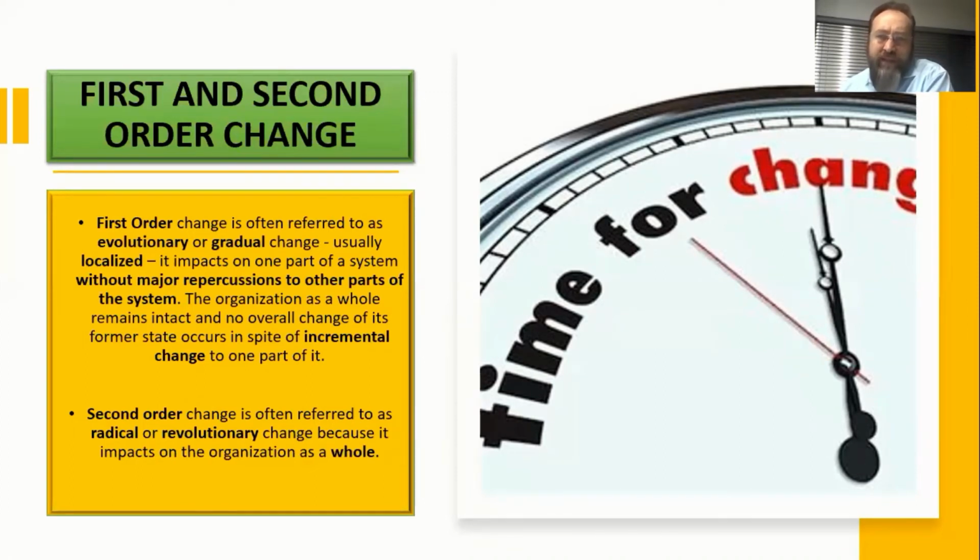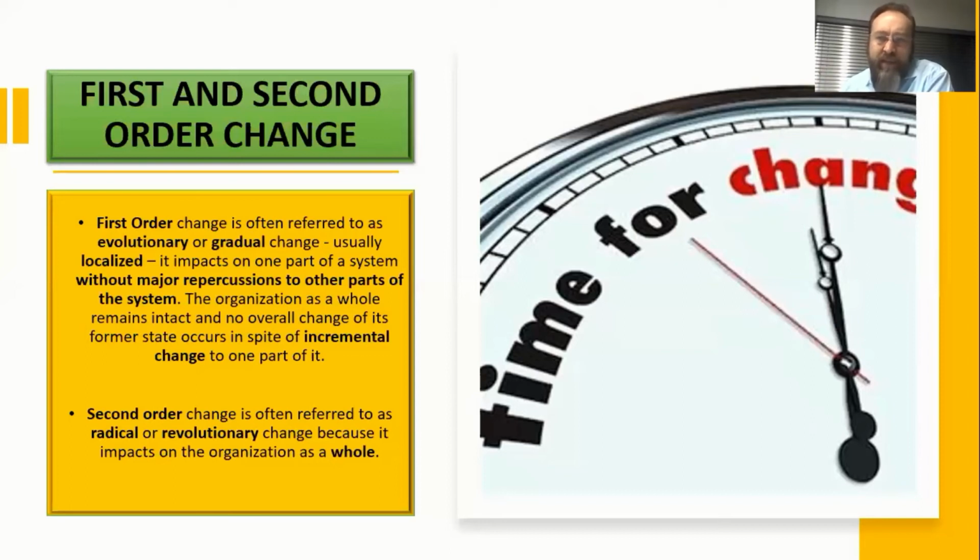If we contrast that with second order change, I think you'll agree that it's quite significantly different. So with second order change, we're talking about radical, revolutionary change, we're talking about the impact of change on the organization as a whole.